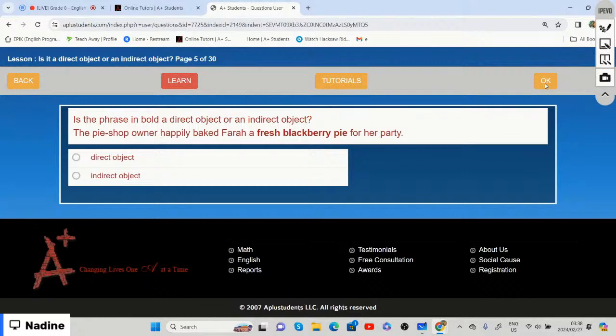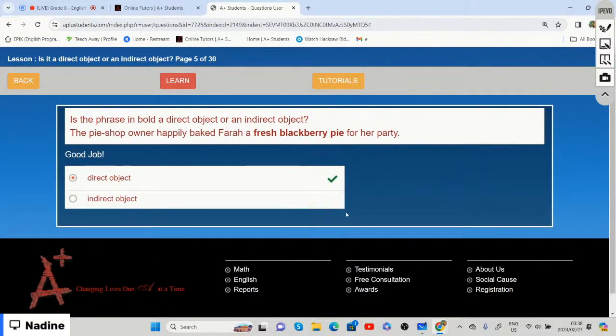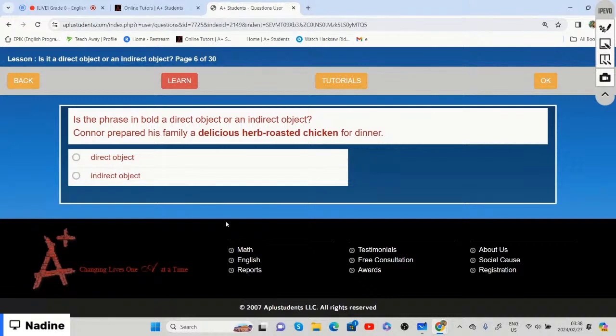We can ask, what did the pie shop owner bake Farah? And she baked a fresh blackberry pie for her birthday.